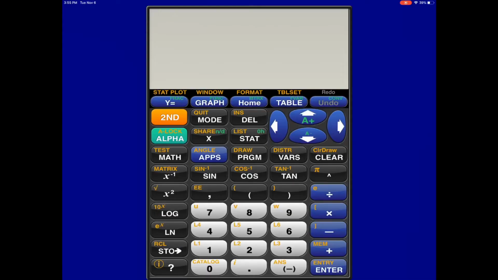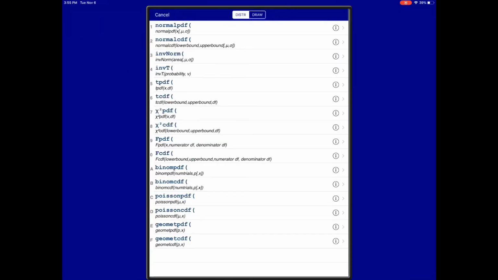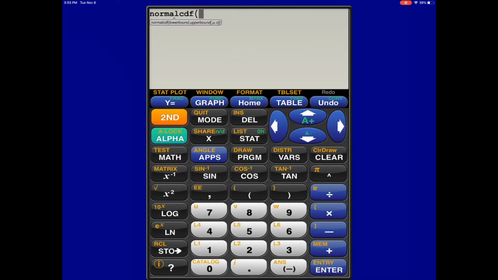Okay. Second distribution, and then we would go to normal CDF. Okay, our lower bound was 3.73, comma, we'll just put something really big for our upper bound, I don't know, 1,000. And this is standard normal, so we're good.